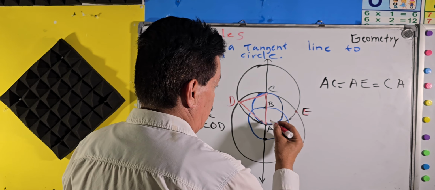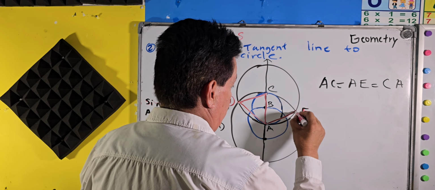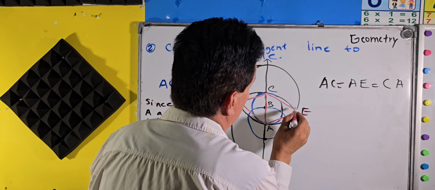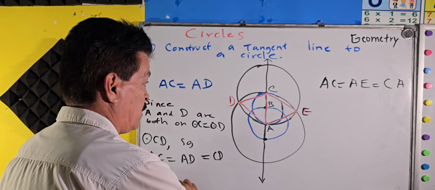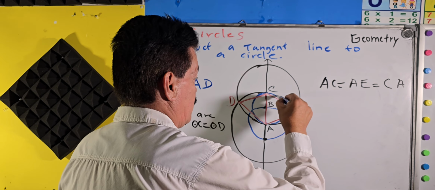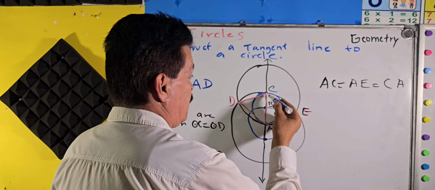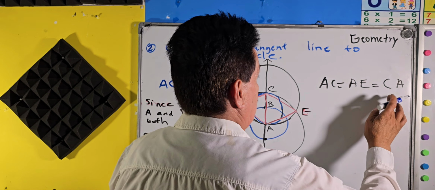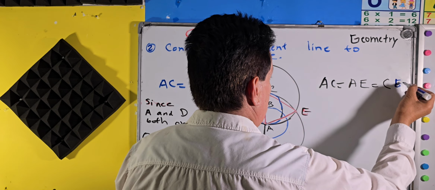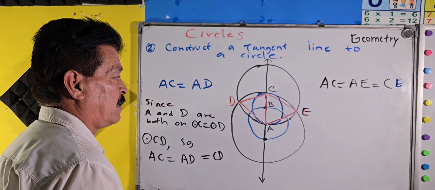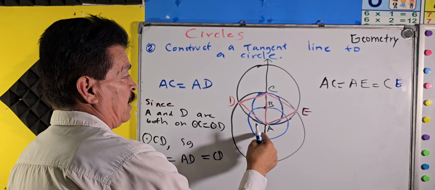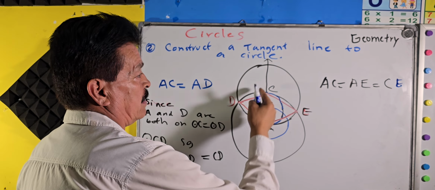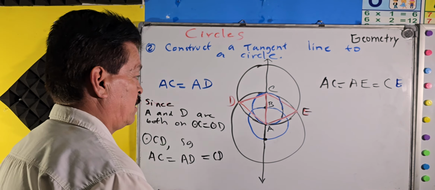So AC is equal to AE and also CE. Both are equal, right? AC equals AE equals CE, right?